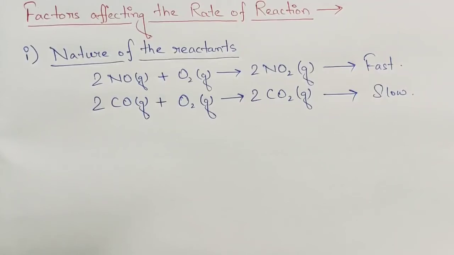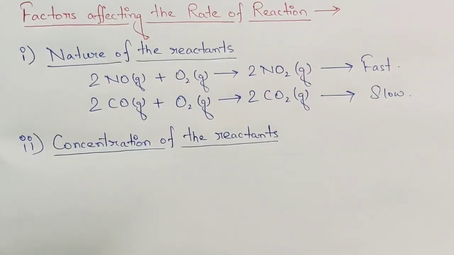And for breaking the bond, the energy required is also different, and that depends on the nature of the reactant we have taken. So in this way the nature of the reactant is an important factor to determine the rate of reaction. Clear? The next factor is the concentration of the reactants.